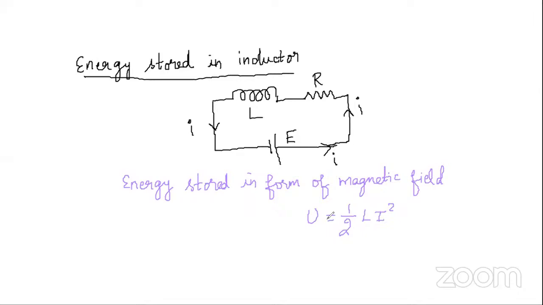The current can be taken as capital I here. So U equal to half Li square.